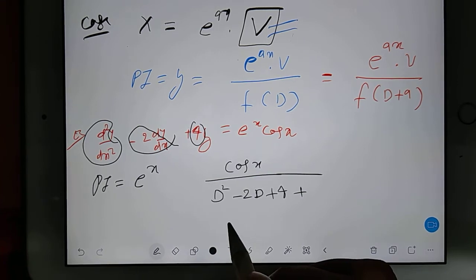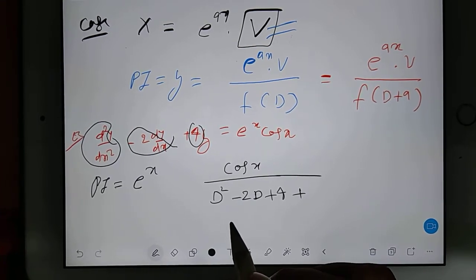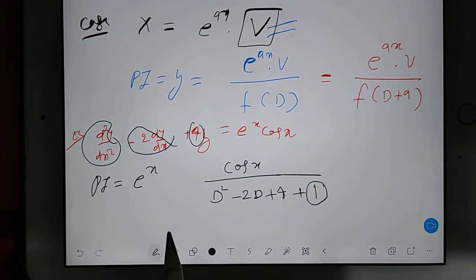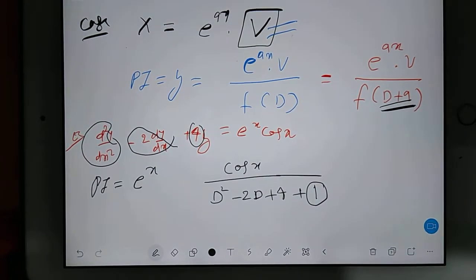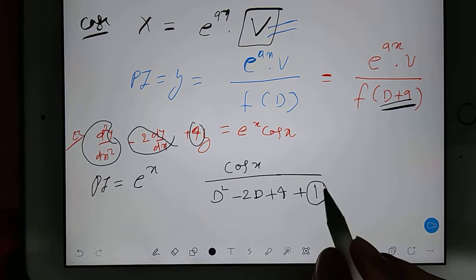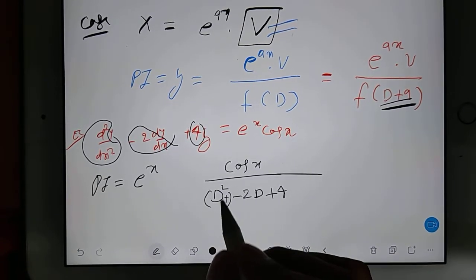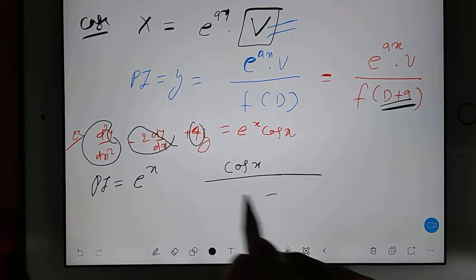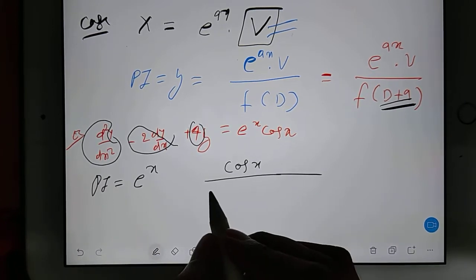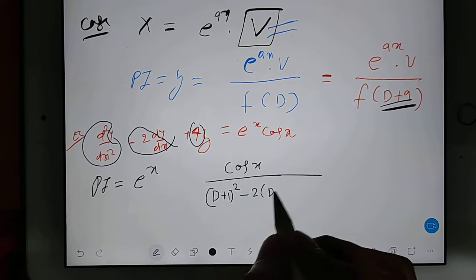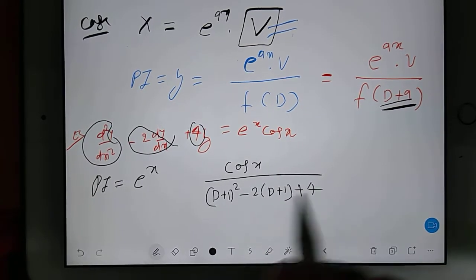But when you are adding a, always remember where you have to add a. Some people will add a here, but we have to add a in D plus a. It means remove this here, and this should be D plus 1 square minus 2 times D plus 1 plus 4. I hope it's clear now.